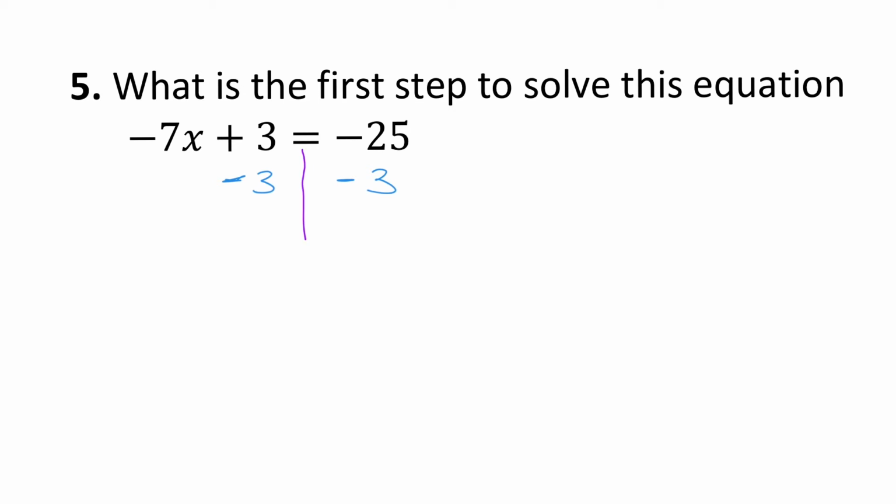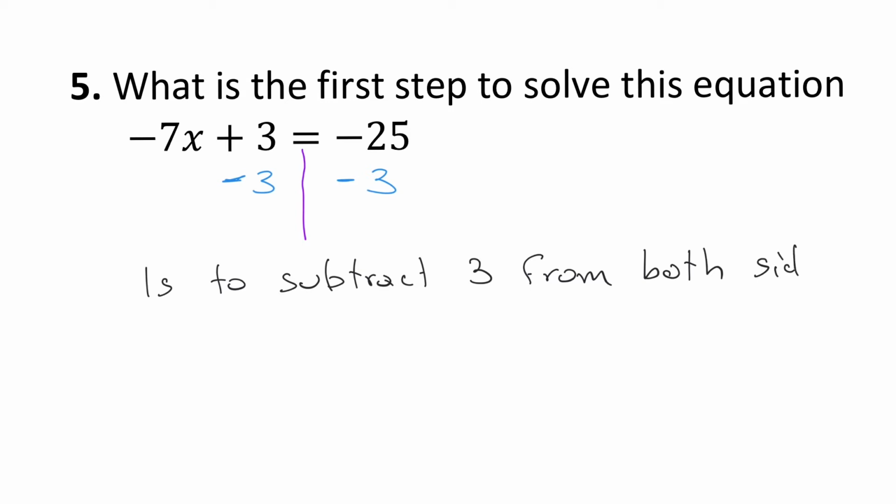So the first step is to subtract 3 from both sides. They don't want us to solve. They don't want us to get x by itself. They just want to know what is the first step to solve. It is right here. It is to subtract 3 from both sides.